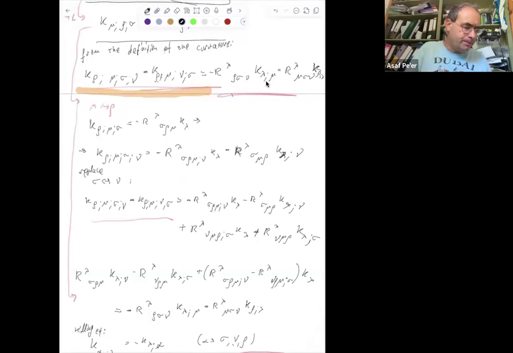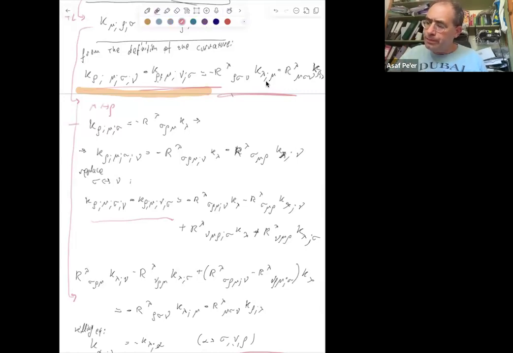Before we even begin, look at this equation here, and at this equation here.